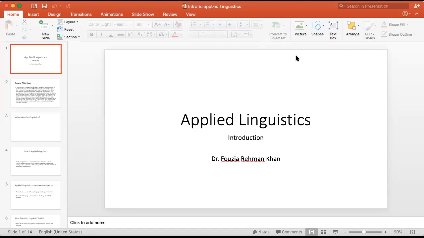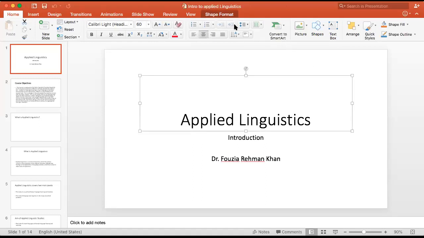So when we talk about syntax and the syntactic structure of sentences, we say that the usual syntactic structure of English sentences is SVO, subject, verb, object, which is different from Urdu or from any other language.